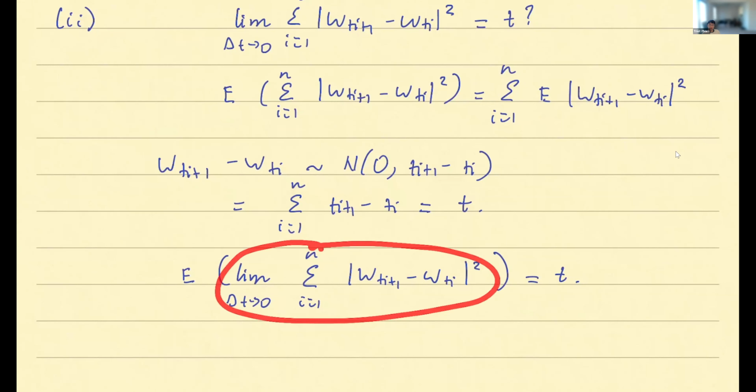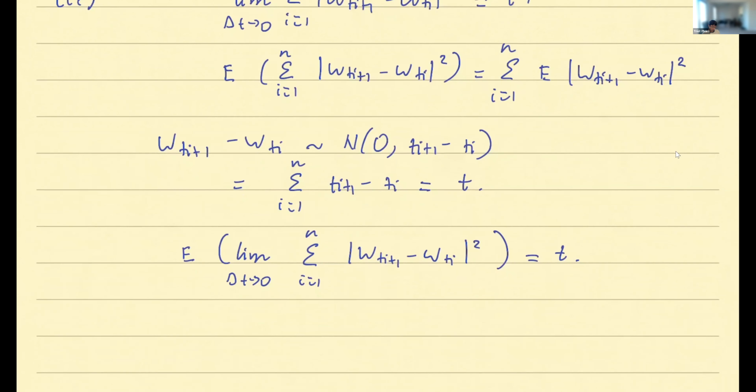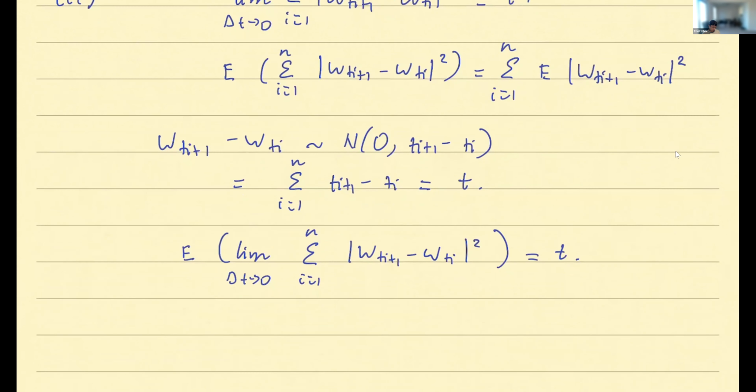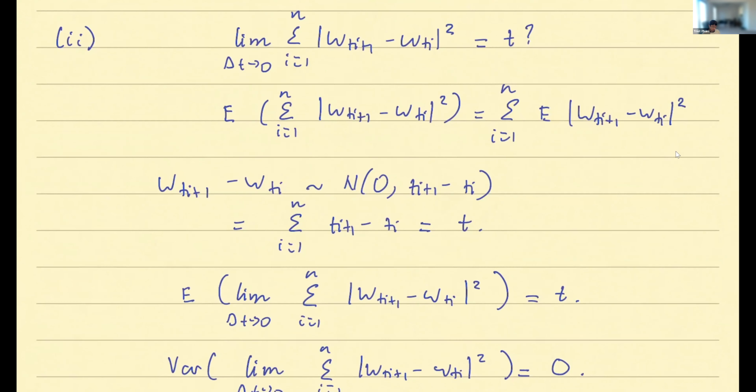So notice, what are we doing here? What Kareem was saying is you can also try to show the variance of this limit. You can do this by taking the variance of each of the terms like this and showing that somehow it's small.